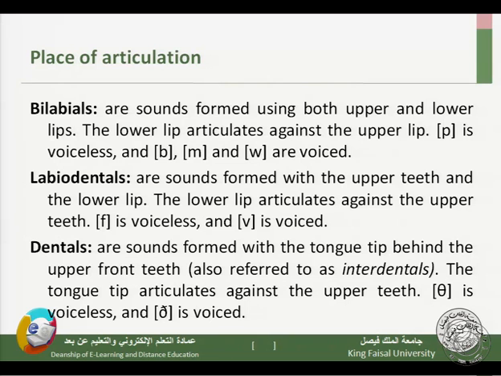So labiodentals are sounds formed with the upper teeth, not the lower, and the lower lip. The lower lip articulates against the upper teeth, not the upper lip. If it articulates with the upper lip, it will be bilabial. But here we have the lower lip in contact with the upper teeth.